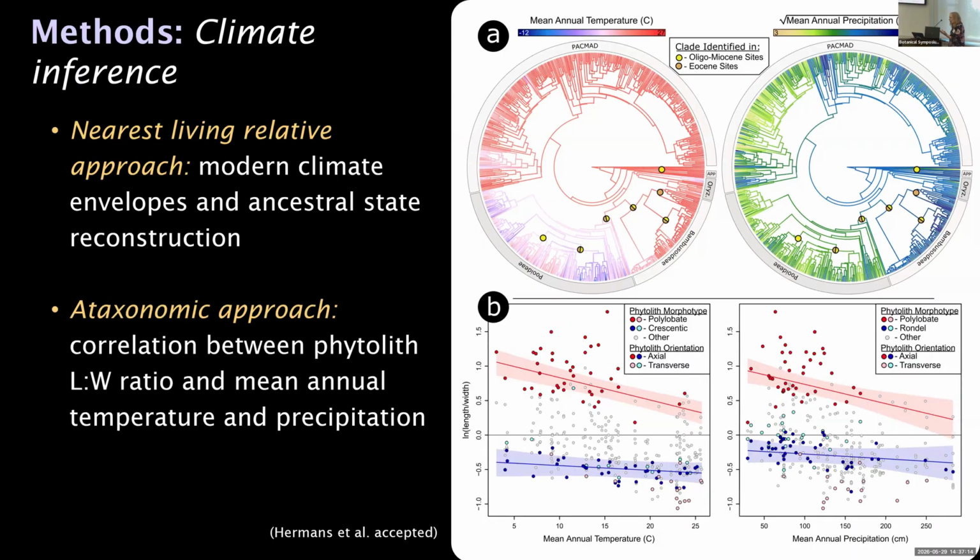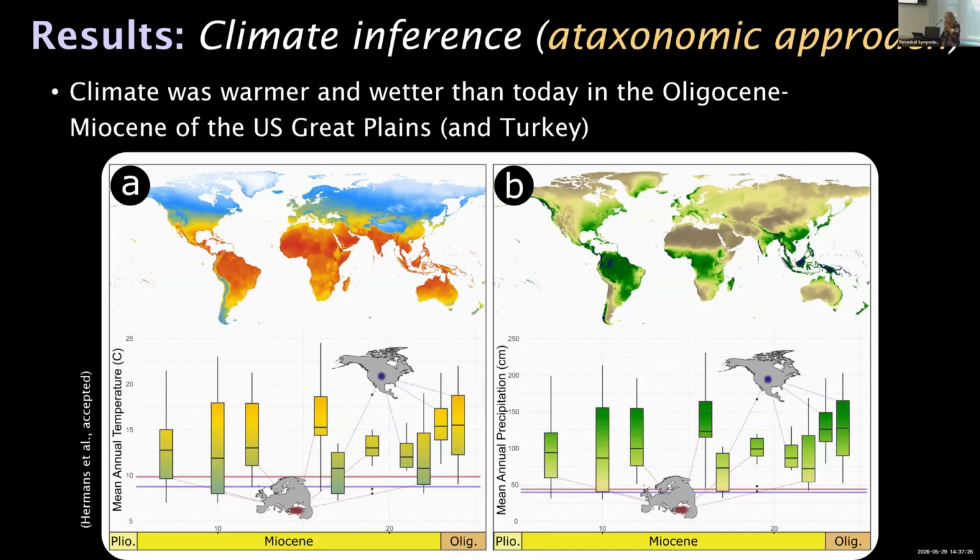So we mostly relied on an ataxonomic approach that we developed, which was looking at the correlation between phytolith shape and these two climate parameters. And what we found when we used that approach is that, just let me walk you through this. So here we're also showing data from Turkey. You can just ignore that. But basically on the left-hand side, we have a mean annual temperature reconstruction.